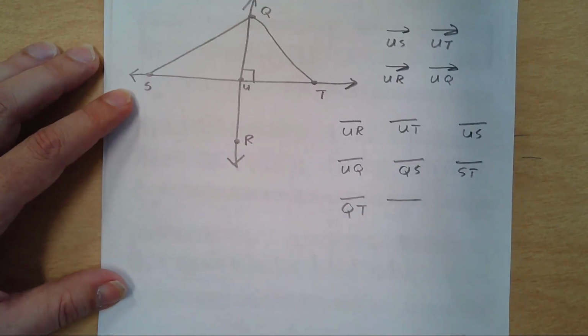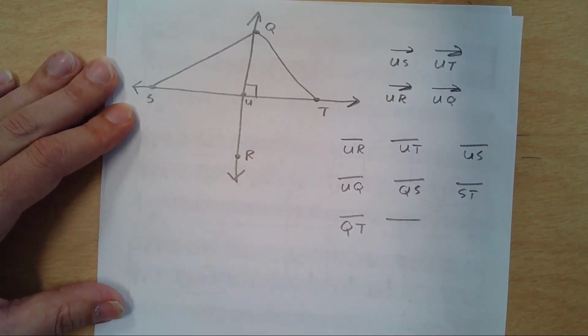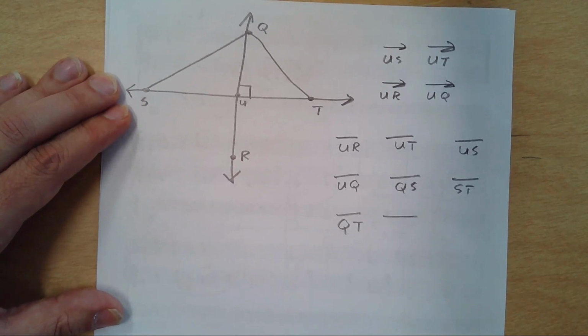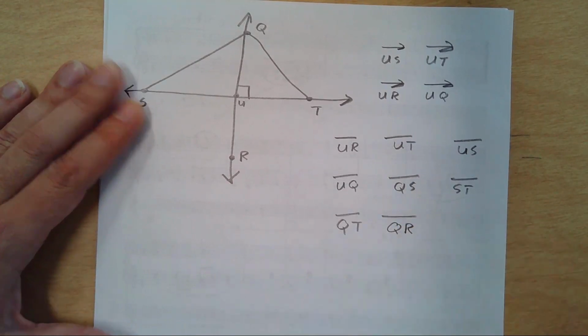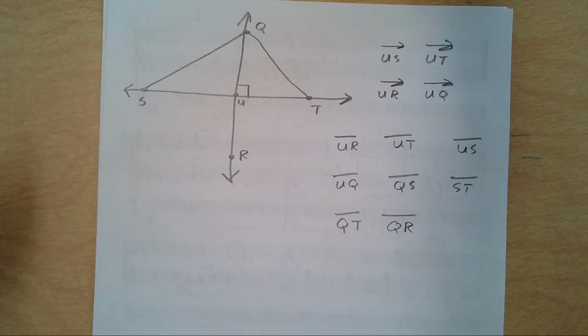And you have ST. Where's the last one? QR. The order of these doesn't matter. This could be RU, TU, SU.